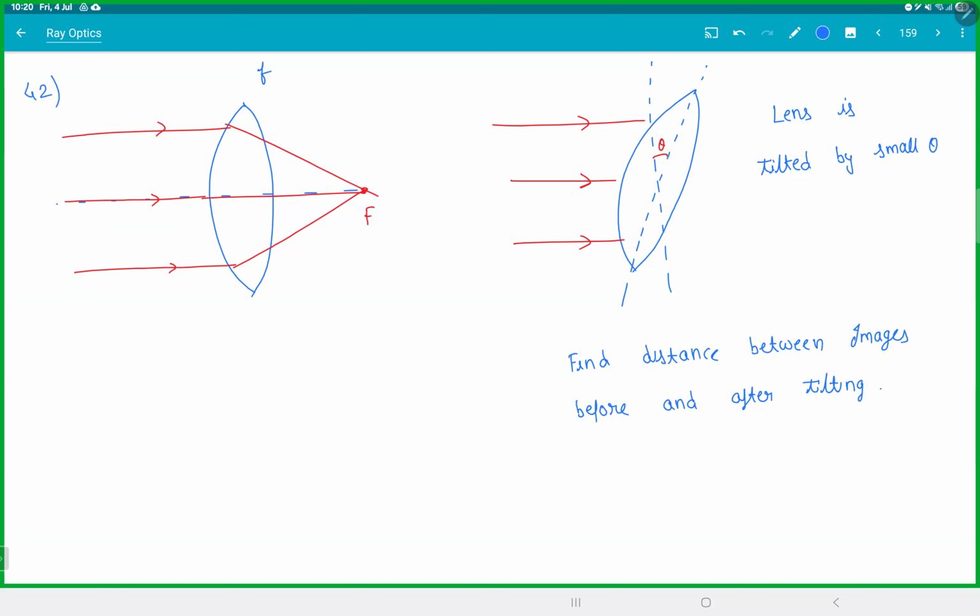This problem, I did half of it, and then I didn't understand how to get the final answer. The options were not matching. I realized later on.